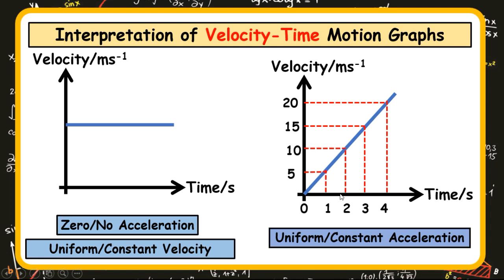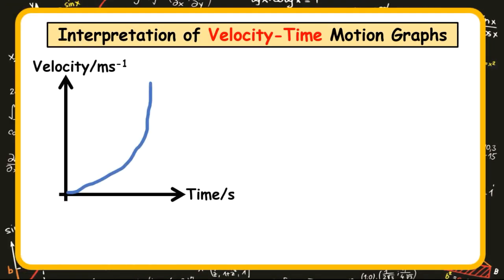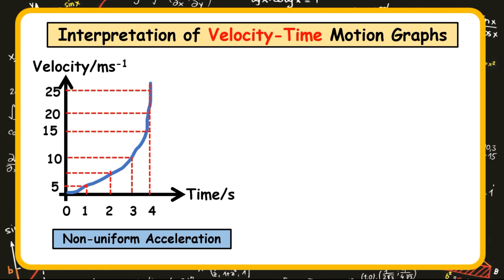That is why it is called uniform acceleration. Then the third graph is non-uniform acceleration. And as explained earlier, the acceleration does not become uniform when calculated. We will do a little mathematical calculation to prove what we are saying.